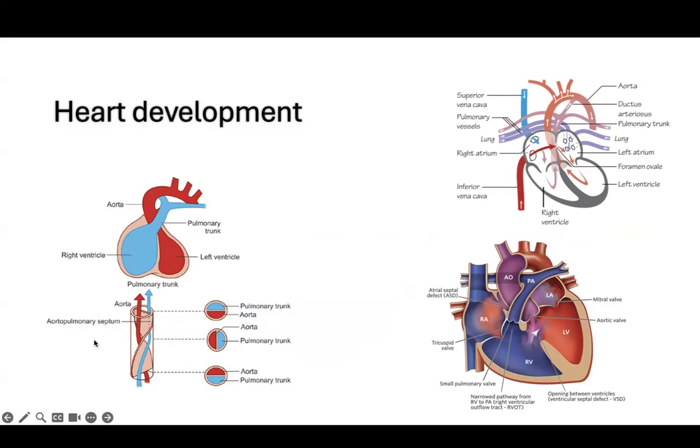Now, in fetal circulation, we can see a few things differently here. We've got the ductus arteriosus, which enables us to bypass the lungs and go straight into the aorta, because in the fetal circulation the lungs are inactive.